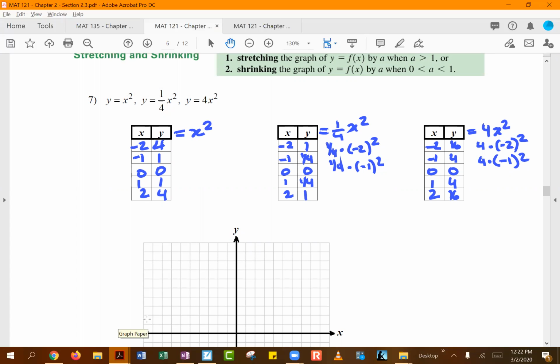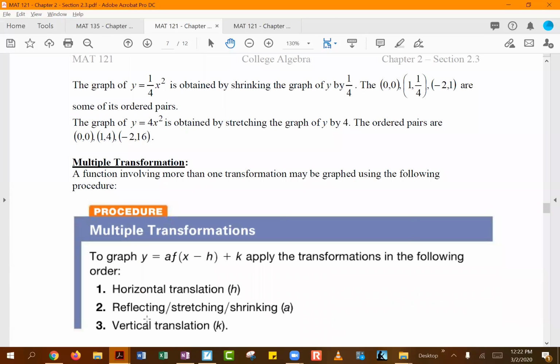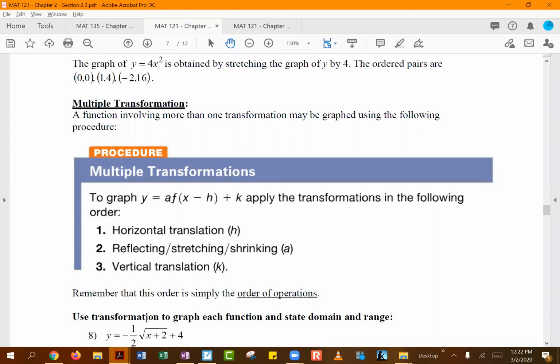But then when we did the shrink, it became -1, but now a 1/4, right? And then with the stretch, the -1, 1 will become 1/4. So basically all of those ordered pairs, especially these in the middle, is where you're going to see the change. And then of course, with these +2 and -2, you will also see those numbers changing because of that stretching and shrinking. So that's basically what they're talking about here in this little paragraph.